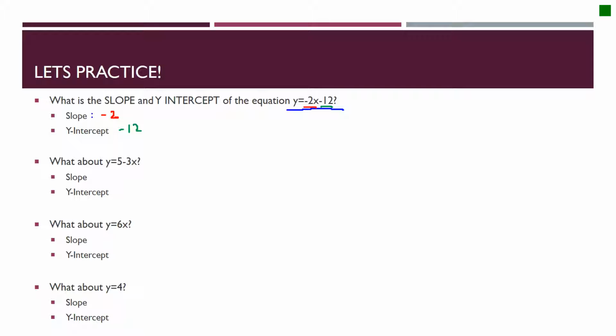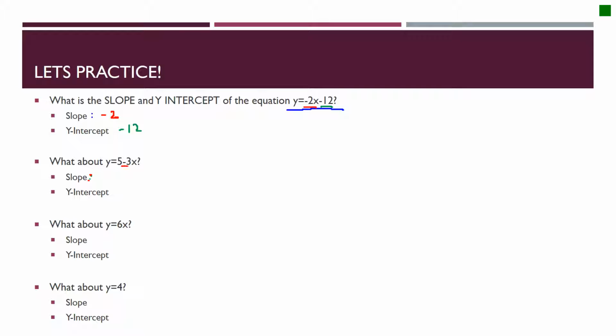Okay, so go ahead and pause your video and figure out the slope and the y-intercept for each of these next equations. Okay, I hope you had time to identify the slope and the y-intercept for this next one. So we have y equals negative 5 minus 3x. Now this one's written a little bit differently because the x is written in a different position, but the values are the same.